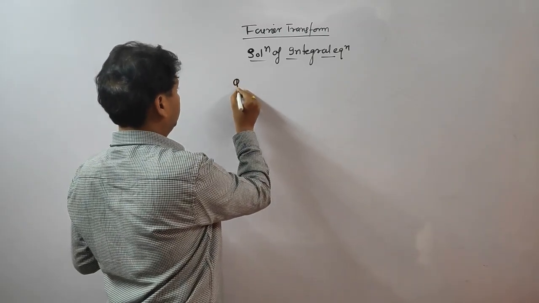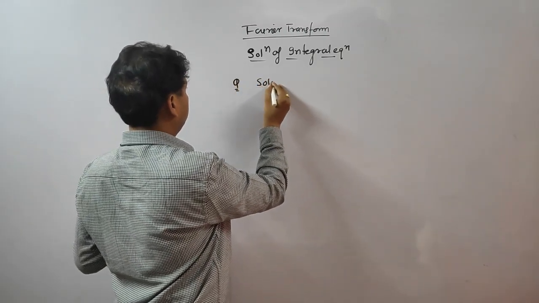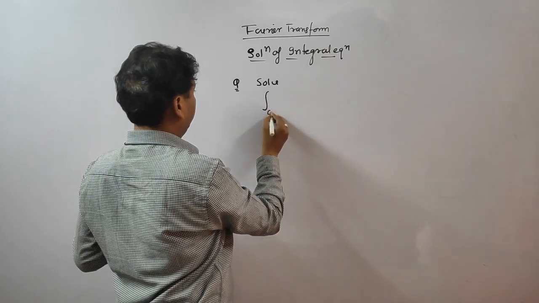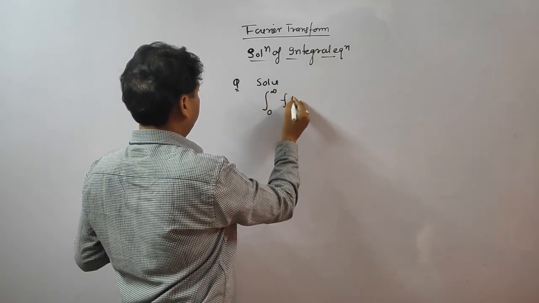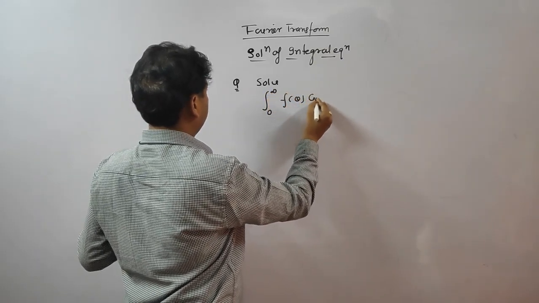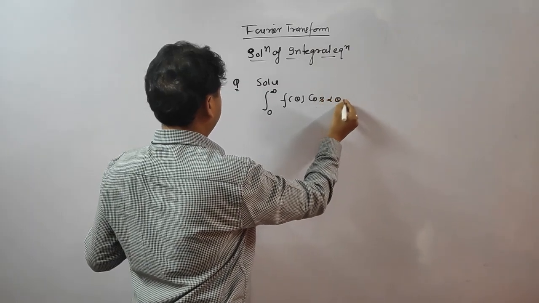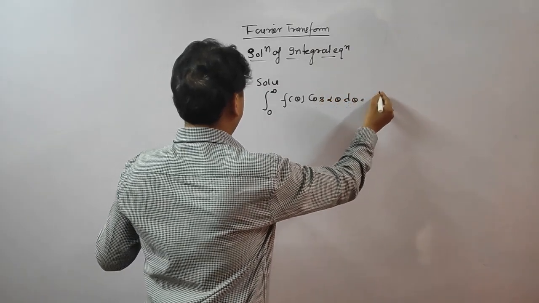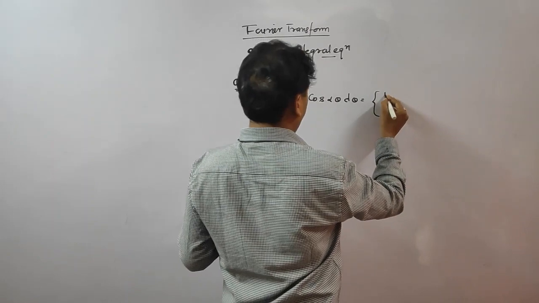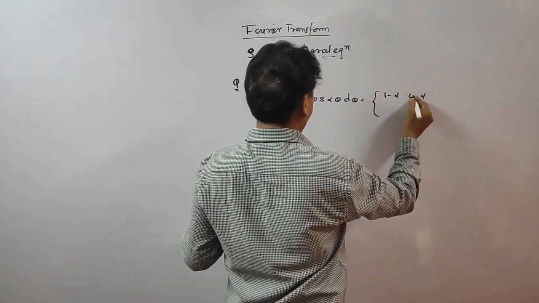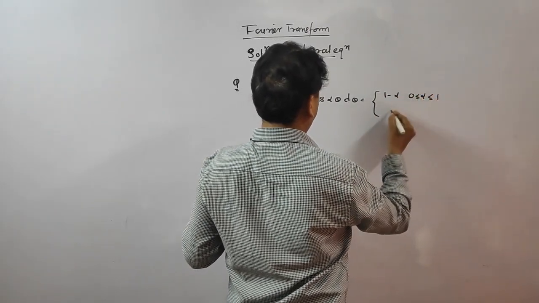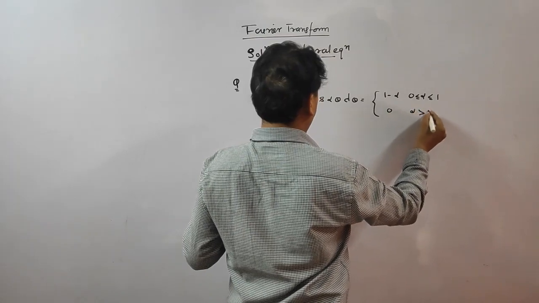Suppose the question is: solve the problem, integral 0 to infinity f(theta) cos(alpha theta) d theta is equal to 1 minus alpha for alpha greater than or equal to 0 and less than or equal to 1, and 0 if alpha greater than 1.